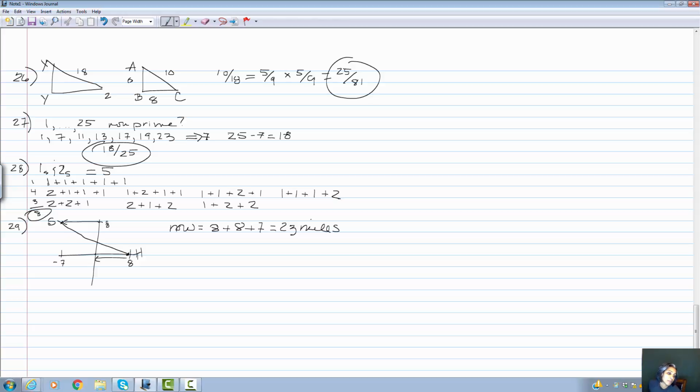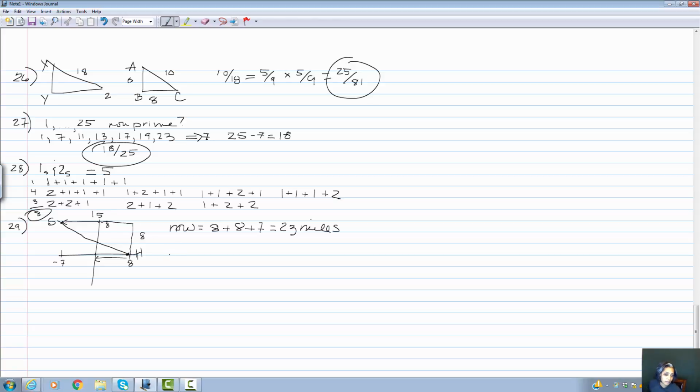So this is another Pythagorean theorem right triangle question. We're trying to solve for the hypotenuse, with a base of 8 and a height of 15.